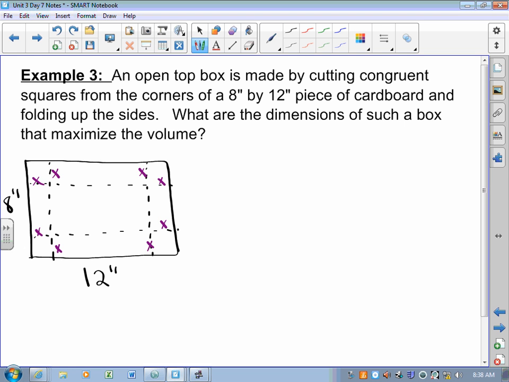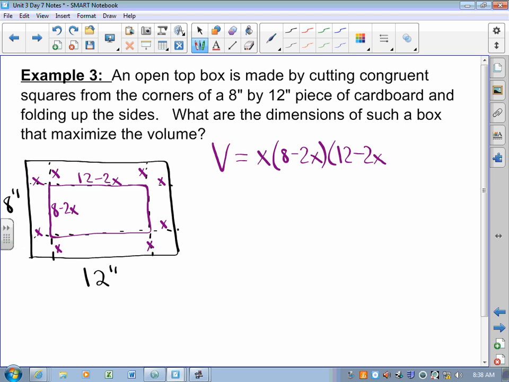Therefore, if we look at the base of the box, it has a width of 8 minus 2x, because we've clipped an x from both sides, and a length of 12 minus 2x, because we have clipped an x off both of the sides. So the volume of the box is length times width times height.